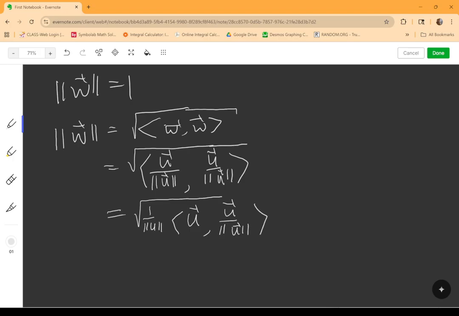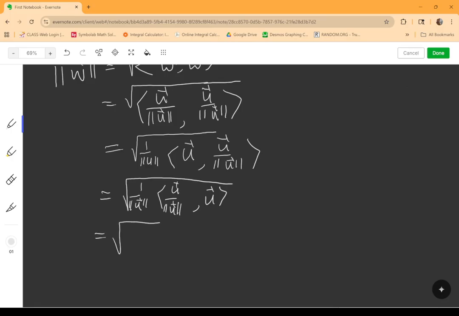It's also commutative for real numbers, so I can change the order of the inner product and factor out that scalar again.